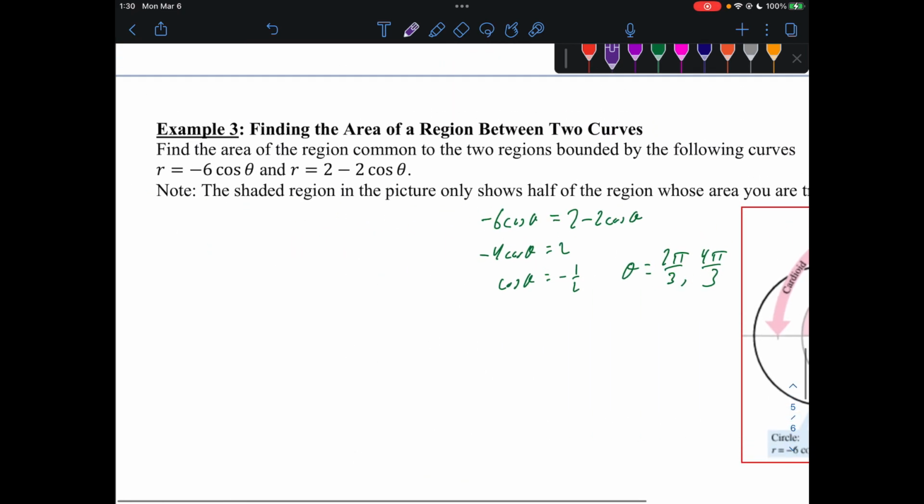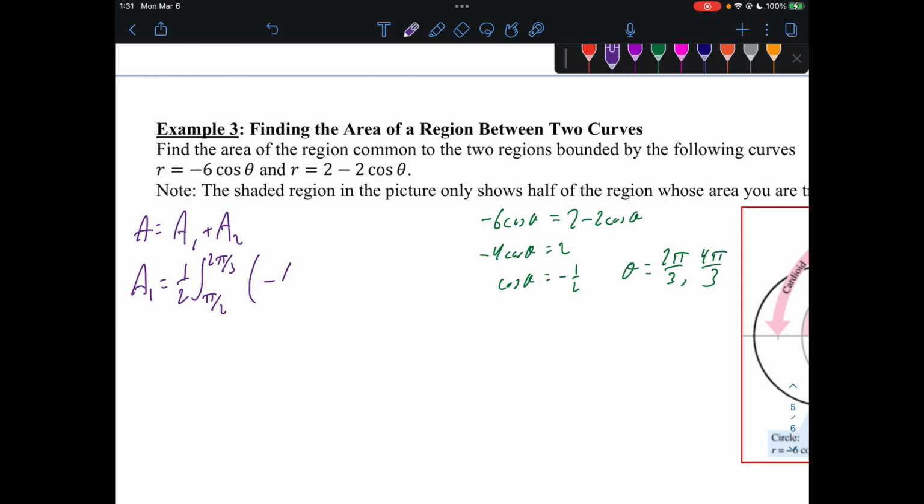So here we go. Area equals area 1 plus area 2. And then don't forget at the end, we've got to double this because this is only the top half of our area. Okay, so area 1 is 1/2 integral. We already said the bounds are pi over 2 to 2 pi over 3 of (-6 cosine theta) squared d theta.